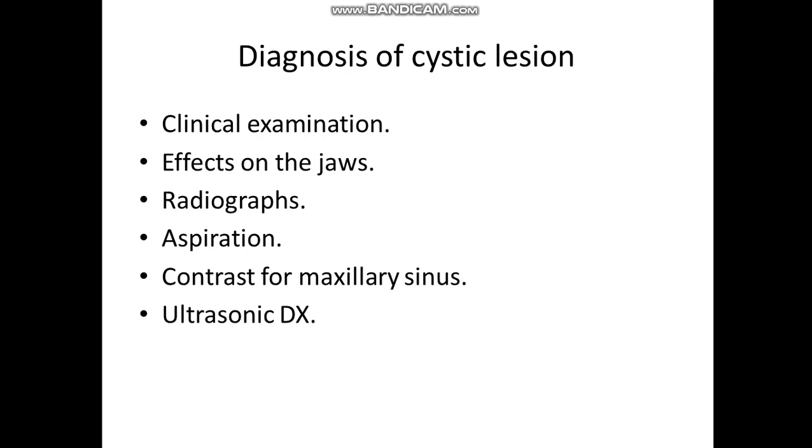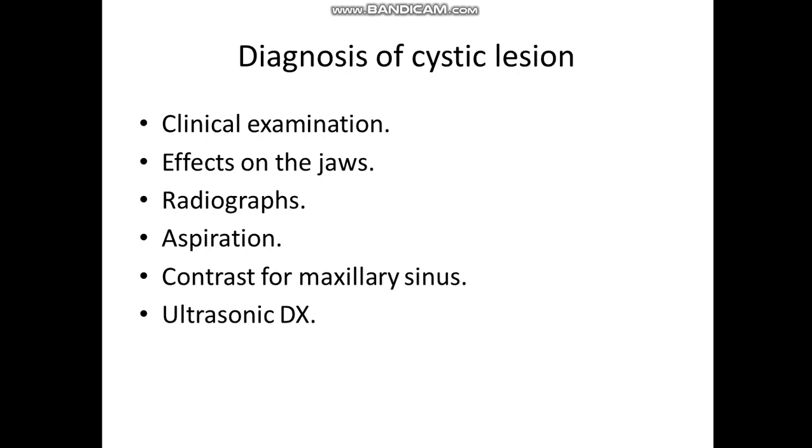So by injection of a contrast material within the maxillary sinus, such as barium sulfate, we can differentiate between the radiolucency of the maxillary sinus and the radiolucency of the cystic lesion of the jaw.